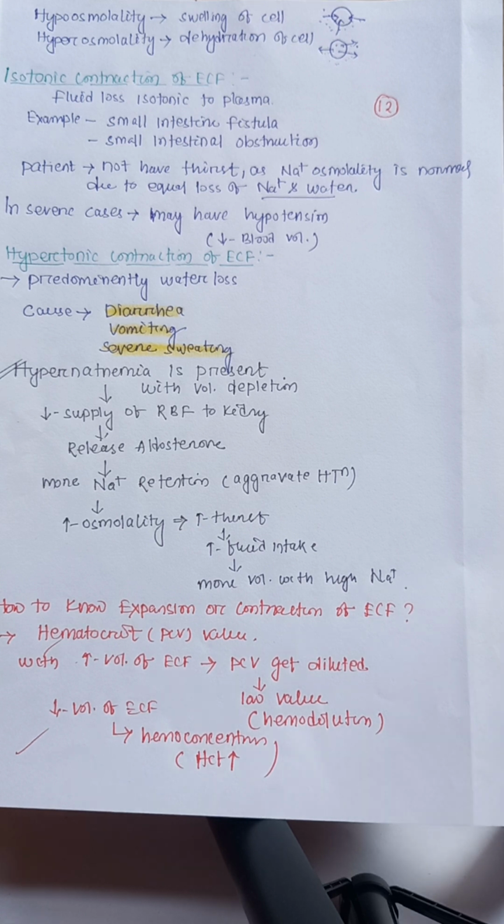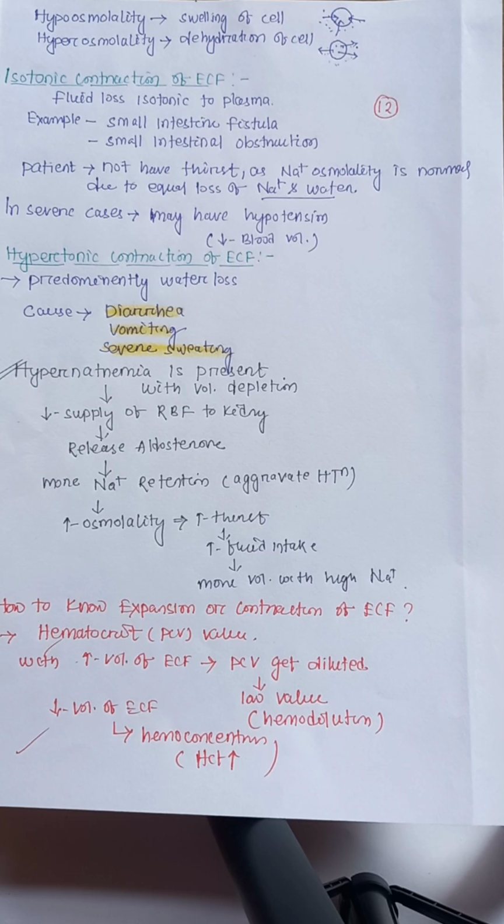Renal blood flow will decrease, which initiates the renin-angiotensin mechanism and the release of aldosterone, and more sodium retention aggravates hypertension. The sodium gets absorbed again, which causes aggravated hypertension. You know, sodium is the most common cause of hypertension. Like this, increased fluid intake brings more volume with sodium.